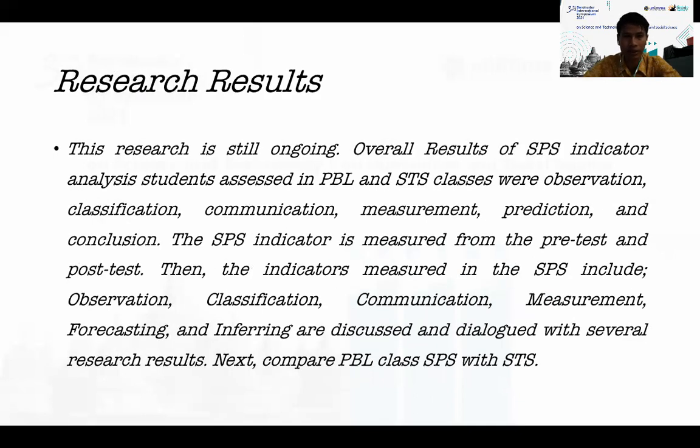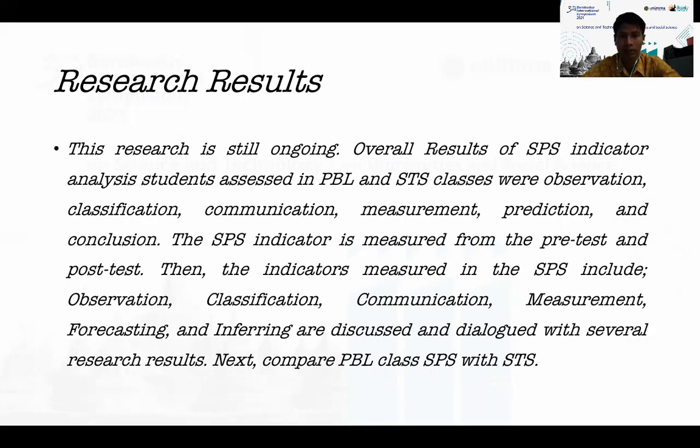Next, results and discussion. The research is still ongoing. Overall, the results of the SPS indicator analysis of students assessed in PBL and STS classes were observation, classification, communication, measurement, prediction, and conclusion. The SPS indicators are measured from the pre-test and post-test.